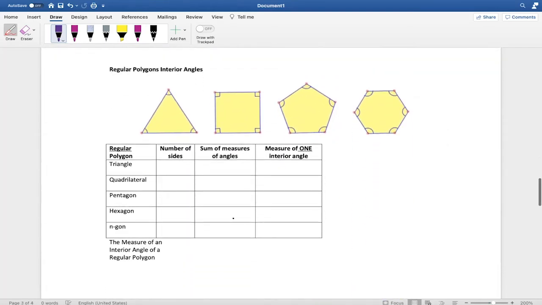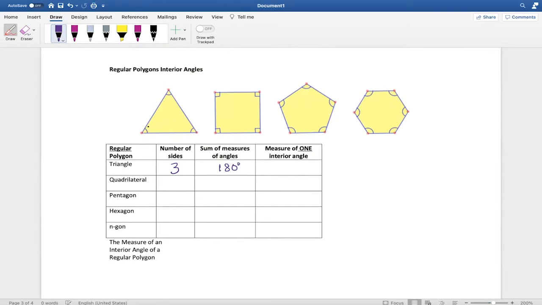Okay, another chart to fill out here, regular polygons and their interior angles. So similar, we're going to look at the measure of just each angle, one interior angle. So for a triangle, we know it has 3 sides. The sum of all the measures of angles is 180.